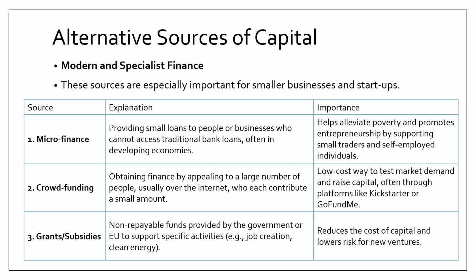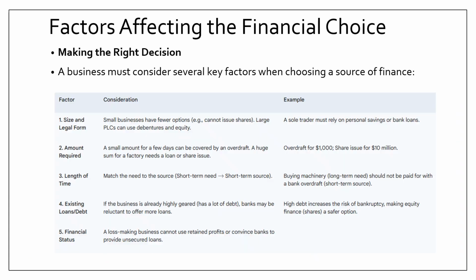Number three, grants or subsidies. These are non-repayable funds provided by the government or EU to support specific activities, for example job creation and clean energy. And this reduces the cost of capital and lowers risk for new ventures.